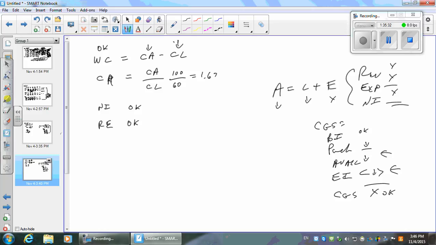Okay, what will it be? Let's say it was 10, so current assets should be 110 and current liabilities should be 70. Would it be the same? No way, right? So what's 110 divided by 70? 1.57.